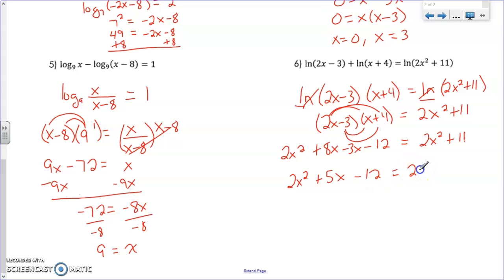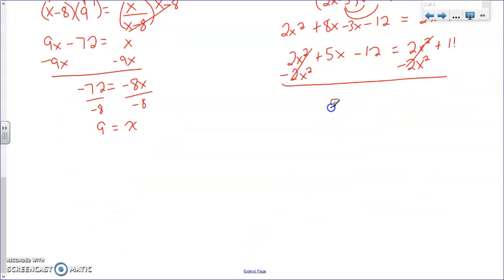Okay, since we have an x squared, we're going to want to get it equal to 0. But in this case, you will notice that when we move the x squared, it goes away. So it's really nice. You don't have to factor on this one. That's going to leave you 5x minus 12 equals 11.